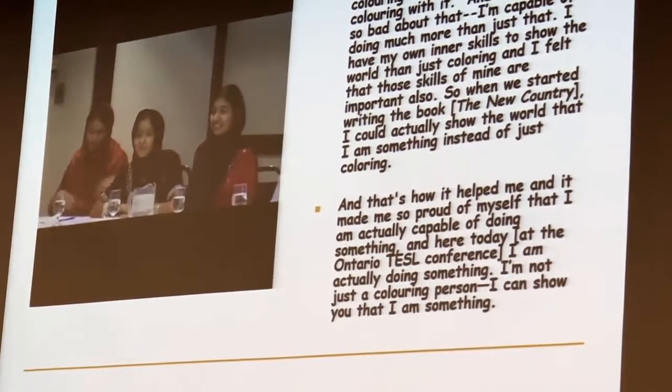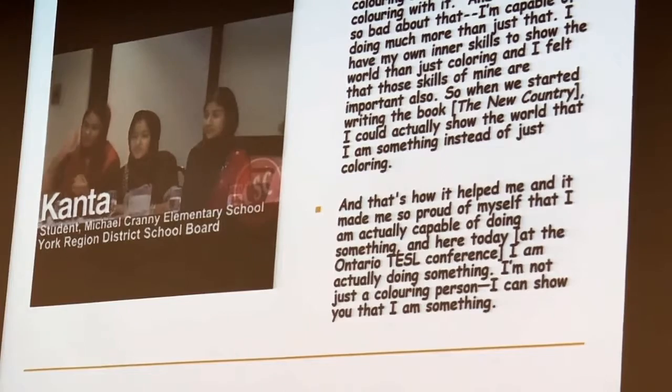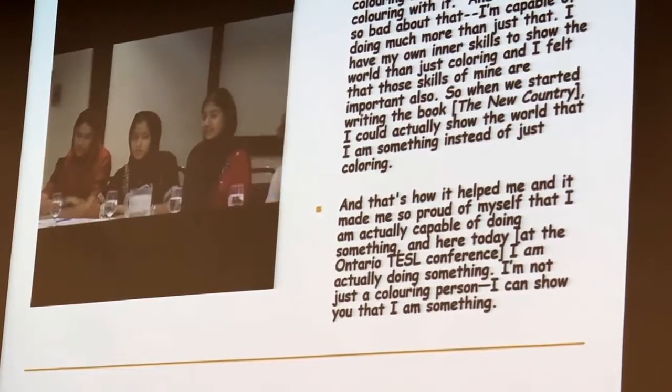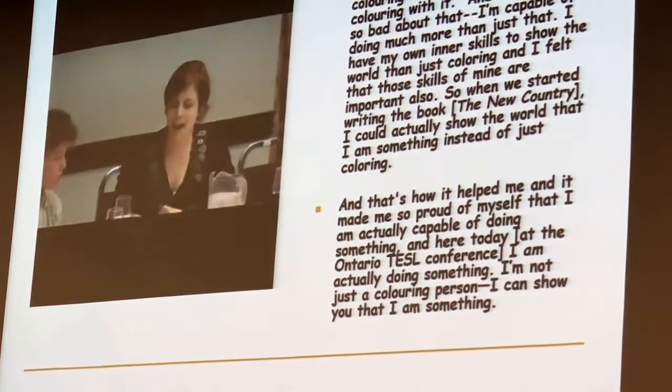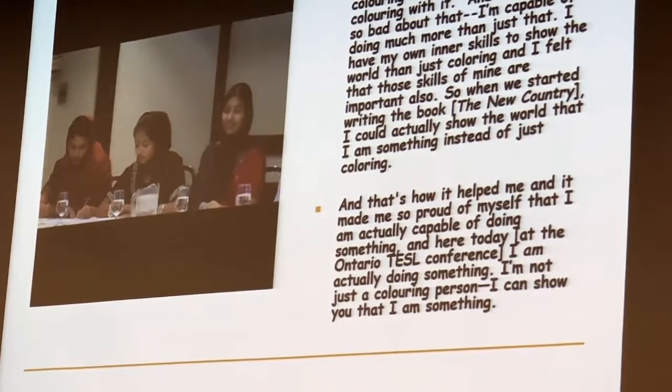Hi, my name is Kanta. I'm from Pakistan. My first language was Punjabi, my second language was Urdu, and my third language was English. I came here in grade 4, and now I am in grade 9. How did you feel writing the book in 2 languages, and how did you see it helping you or the others? It helped me a lot, and using 2 languages helped us a lot to understand English better.